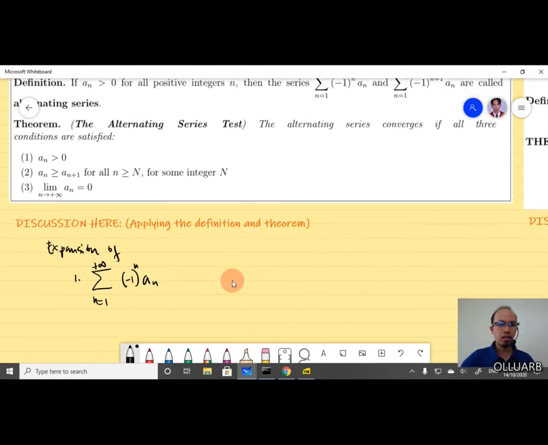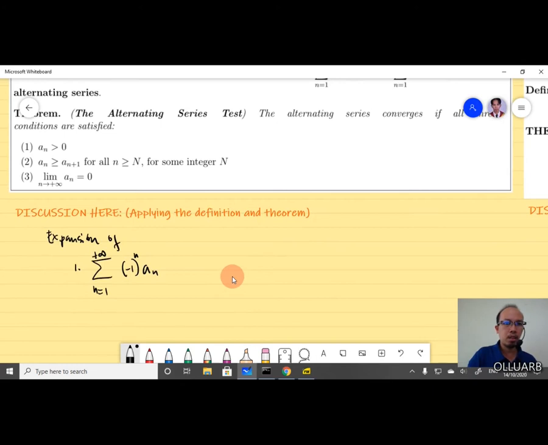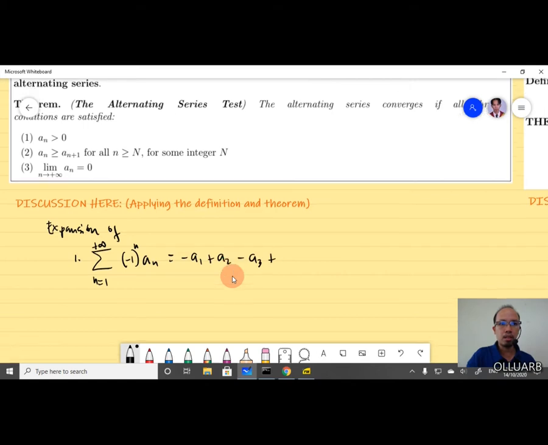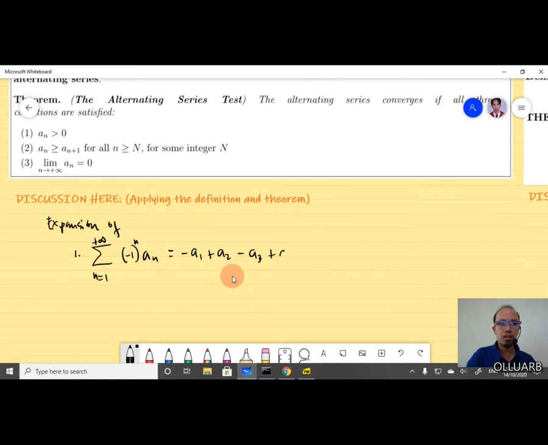If you expand this, when n is equal to 1, we have negative a1 plus a2 minus a3 plus a4 minus a5, and so on, negative 1 to the n, a sub n, and so on and so forth.